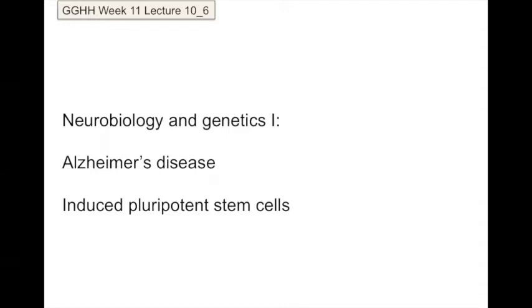We've seen that induced pluripotent stem cells are a way of taking an adult differentiated cell and de-differentiating it back into a pluripotent stem cell. What the final part of today's lecture does is show how we can utilize that to study the neurons of a patient carrying a mutation that is associated with Alzheimer's disease.